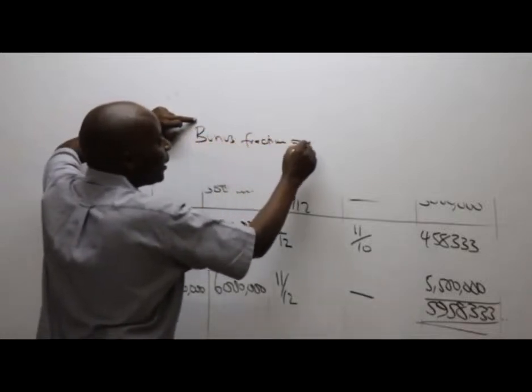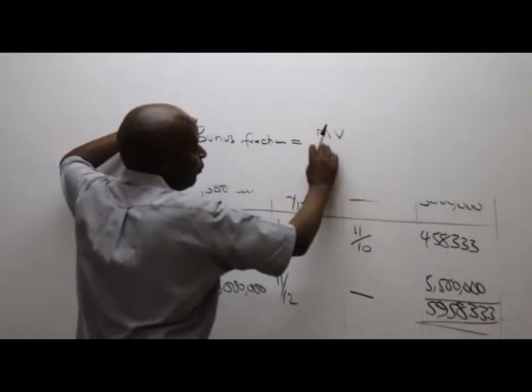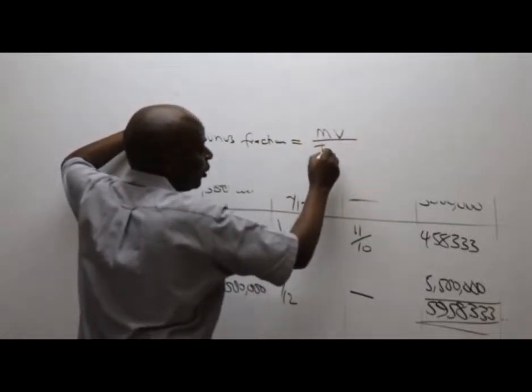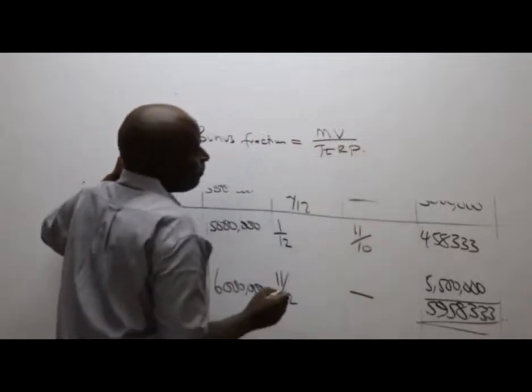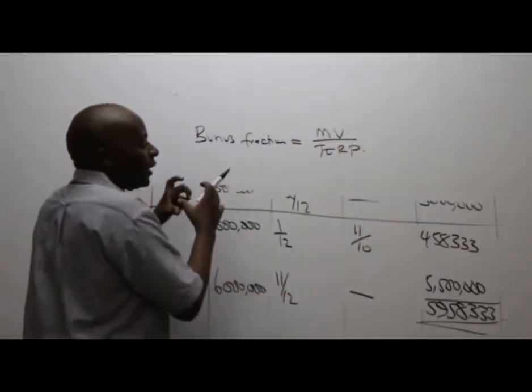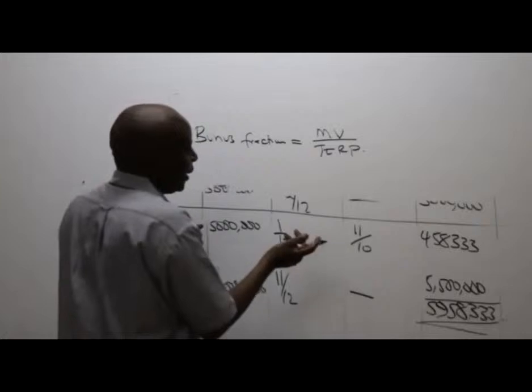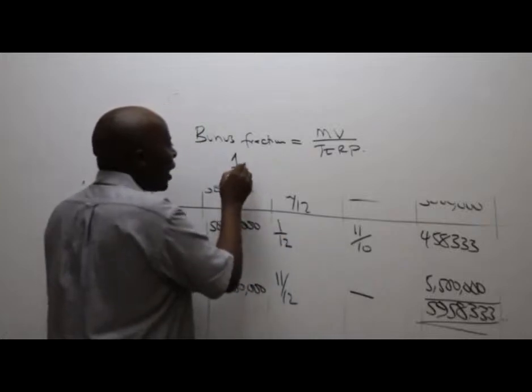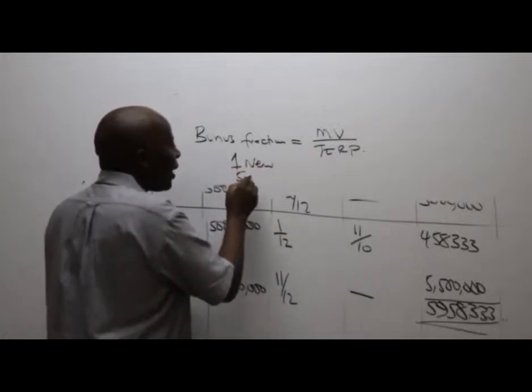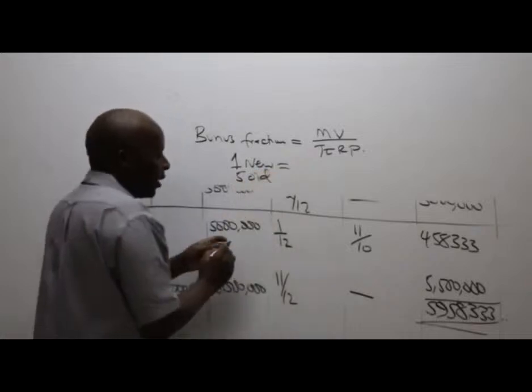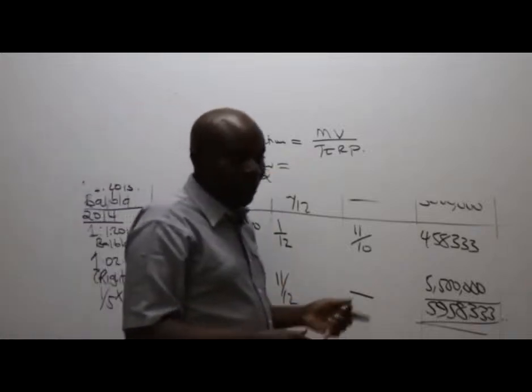What we've done is to take the market value before the rights divided by what we call the theoretical ex-rights price. And remember, to get the theoretical ex-rights price is very easy. Like here they have told us it is 1 new for every 5 old shares. That is what they have told us.